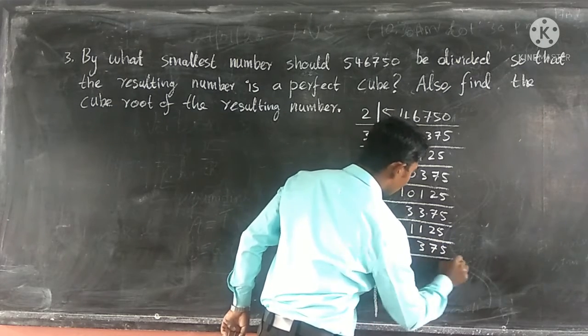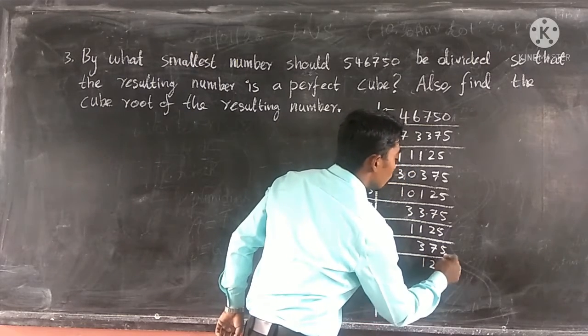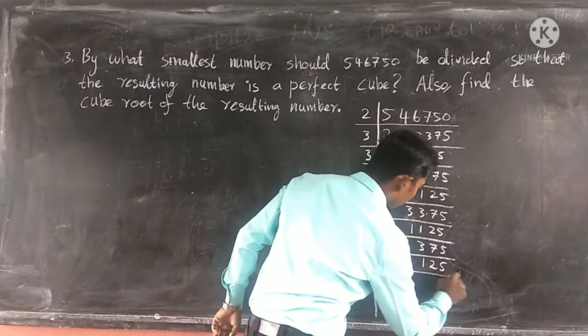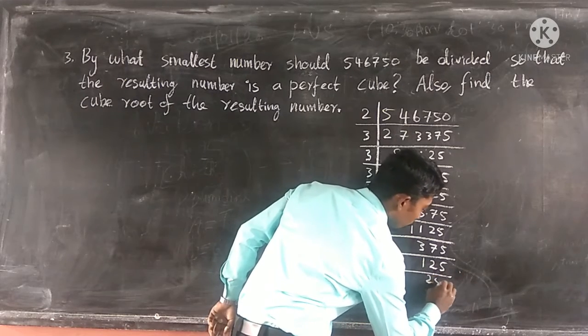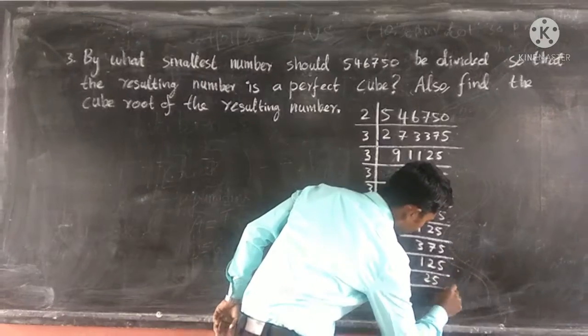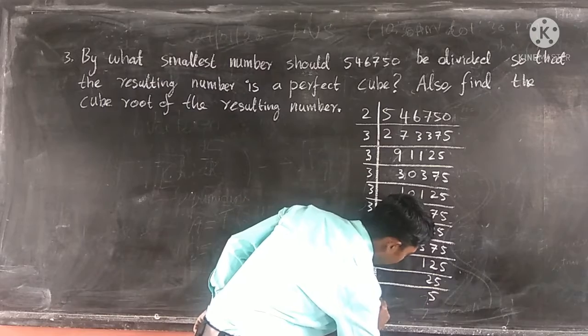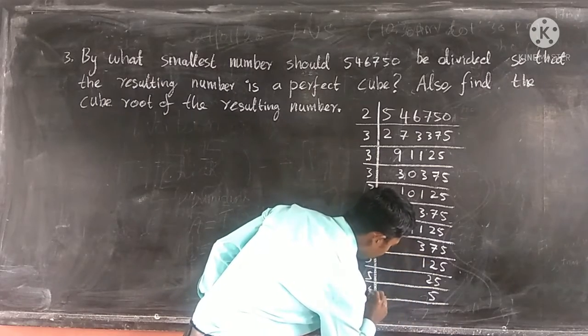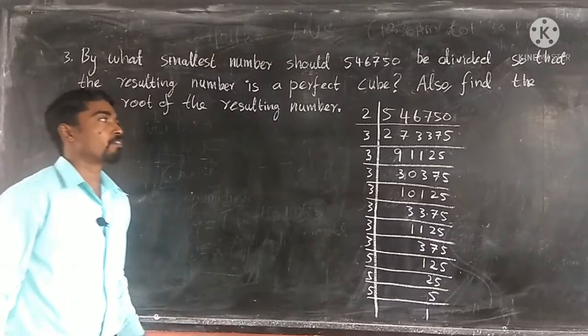We can divide this number by 3, we will get 125. We can divide this number by 5, we will get 25. 25 can divide by 5, we will get 5. 5 we can divide by 5, we will get 1.